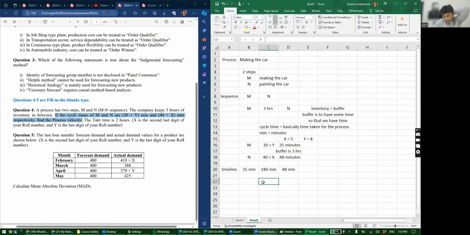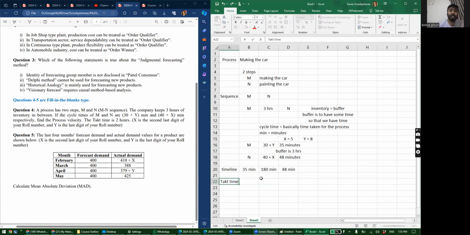Now they are asking for something called takt time. So what is takt time? Takt time is the time it takes to produce something.